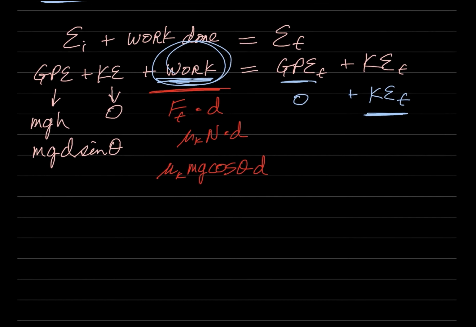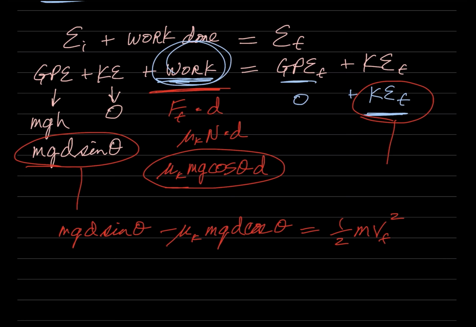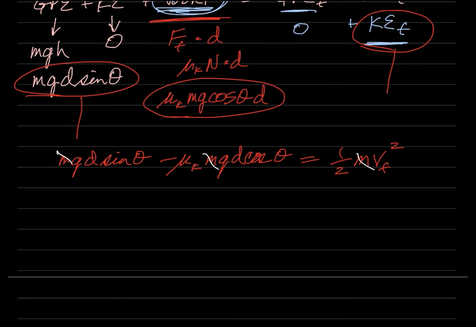So our equation now says mg d sine theta minus mu sub k mg d cosine theta equals the final kinetic energy, which is 1/2 m v final squared. We'll scratch out those m's, and I'm going to multiply everything by 2.